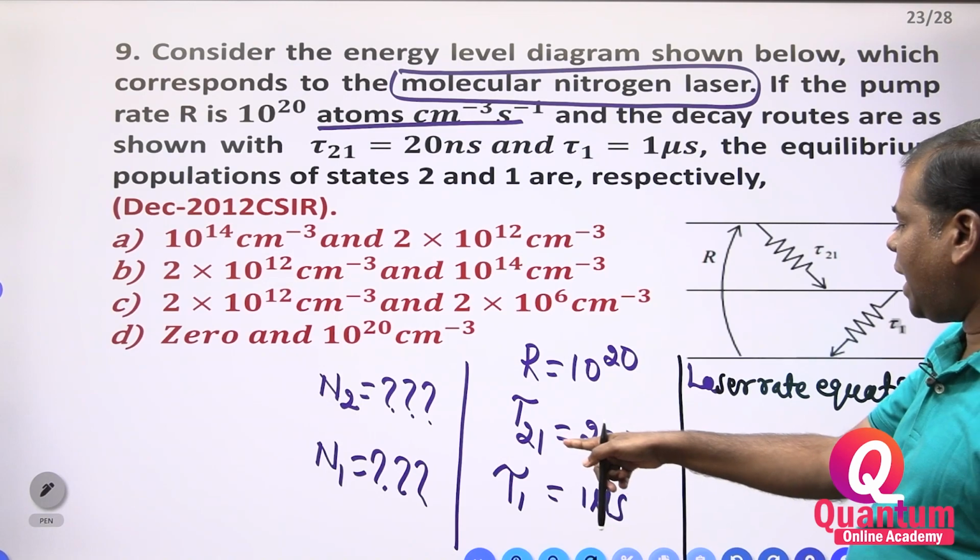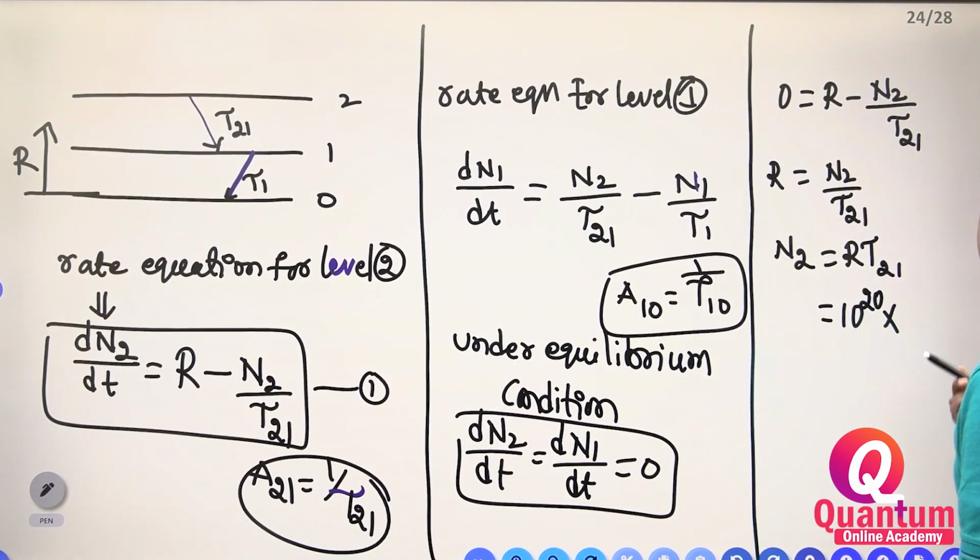Tau 21 they are giving as 20 nanoseconds. Nano means 10 to the power of minus 9 seconds, so 20 nanoseconds. Now 20 into 10 to the power of 20 minus 9 gives 10 to the power of 11.